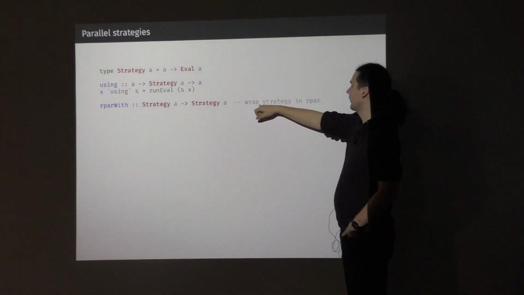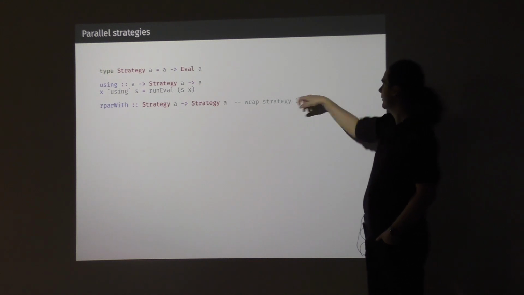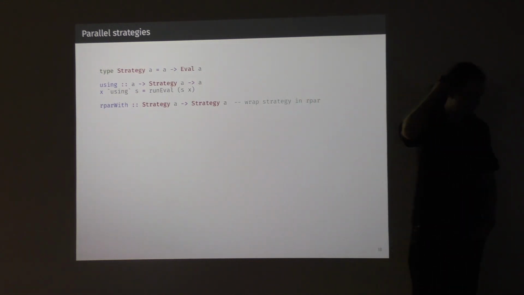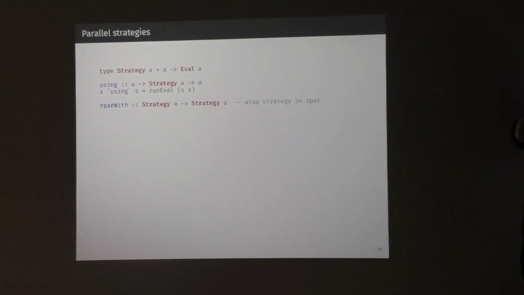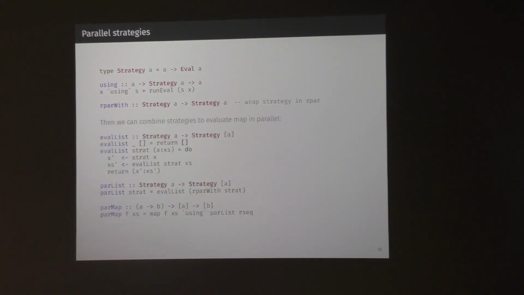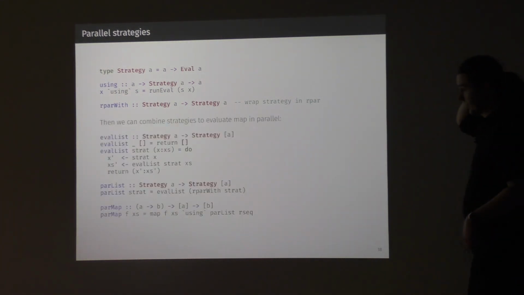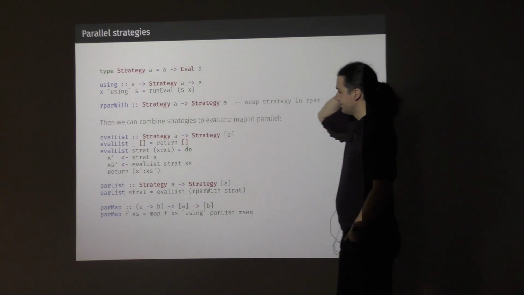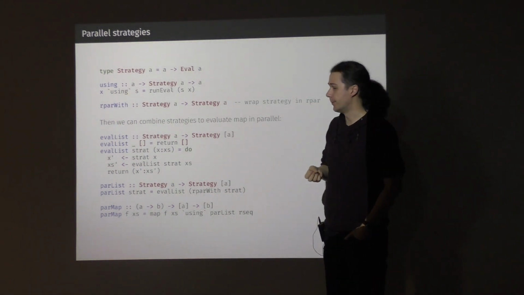And there is a helper function that basically wraps any kind of strategy with r-par, so it allows us to compute it in parallel. And this allows us, for example, well, why I said that it composes pretty nicely, to evaluate a list in parallel.